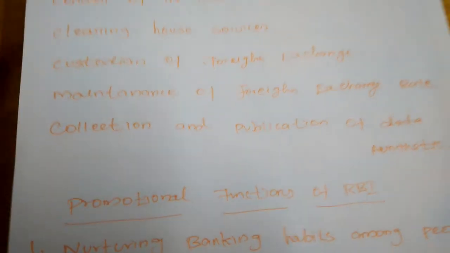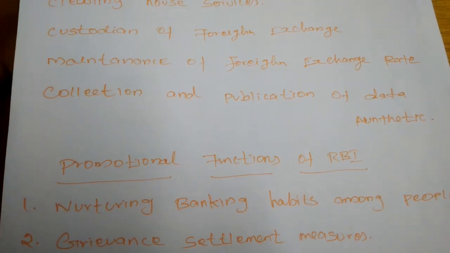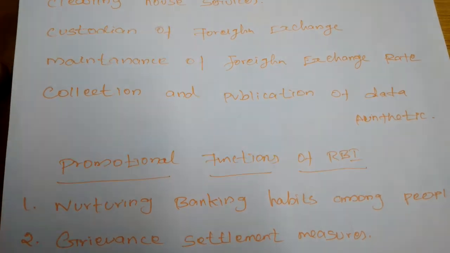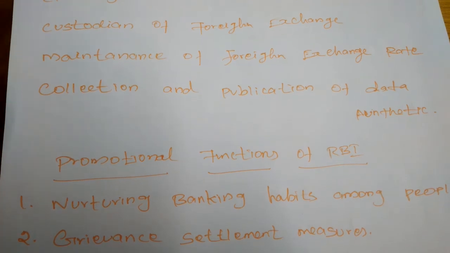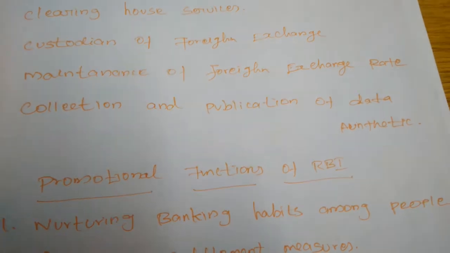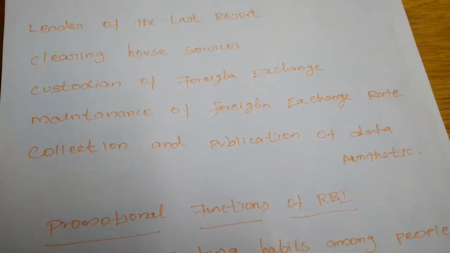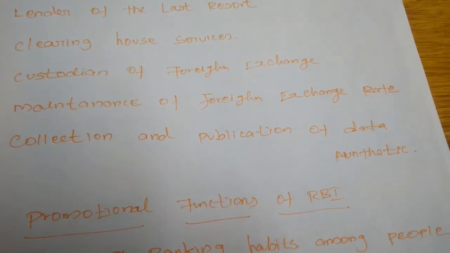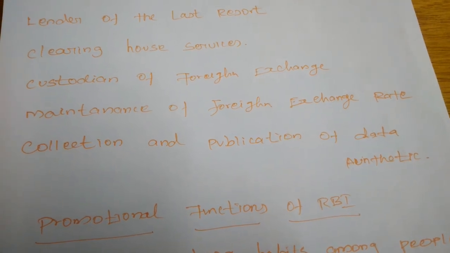Next, collection and publication of authentic data. The RBI has also been entrusted with the task of collection and compilation of statistical information relating to banking and other financial sectors of the economy. All other financial sectors have to issue their audits and take up some research analysis.